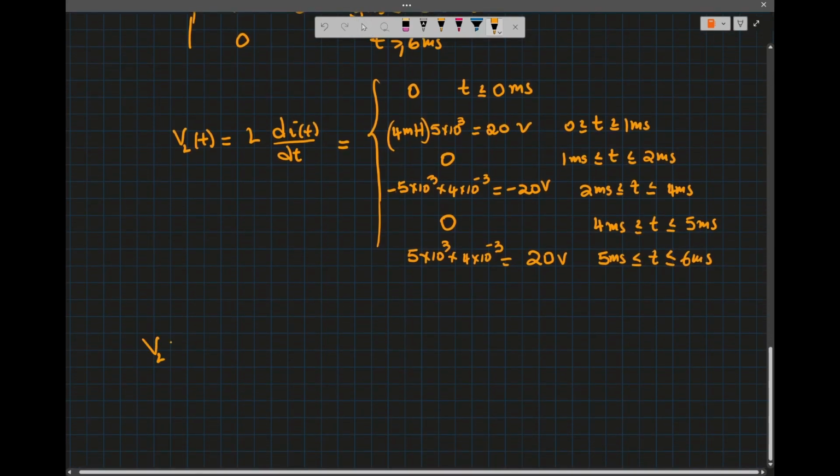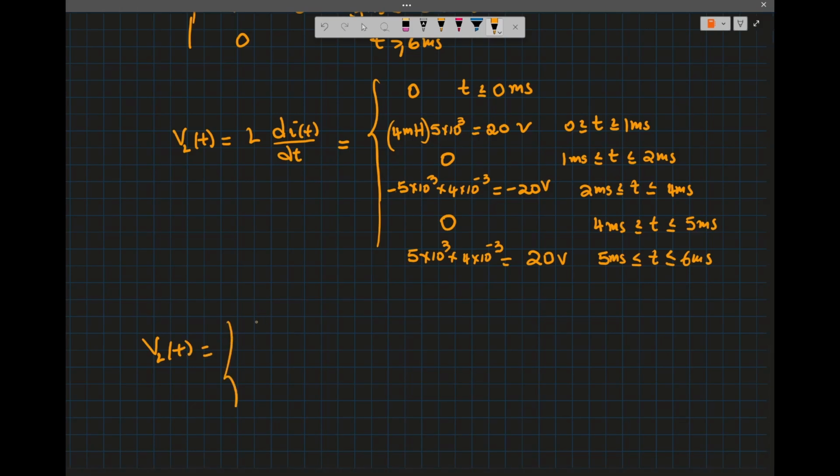The voltage across the inductor with respect to t is 0 for t less than or equal to 0. It is 20 volt when t is between 0 and 1 millisecond, and then it's 0 between 1 millisecond and 2 millisecond.